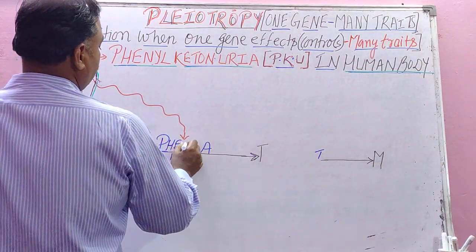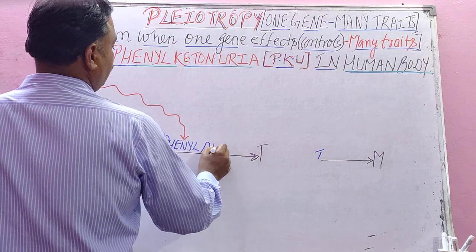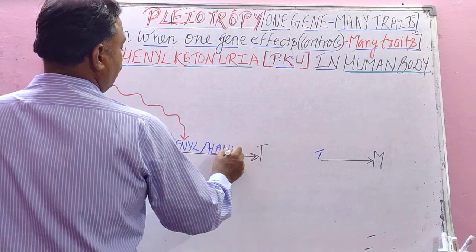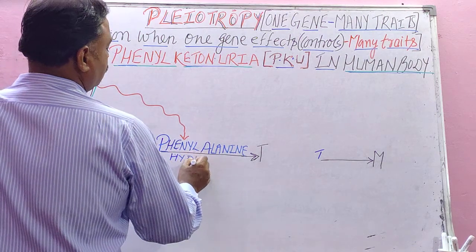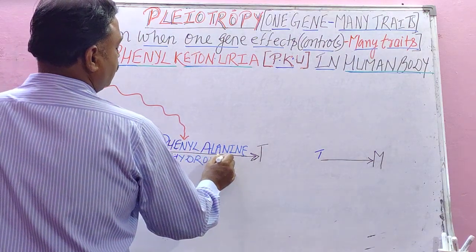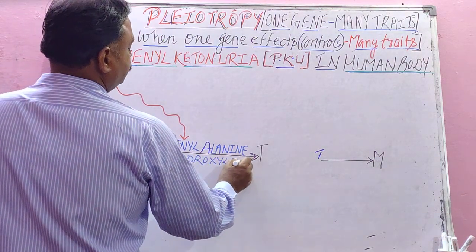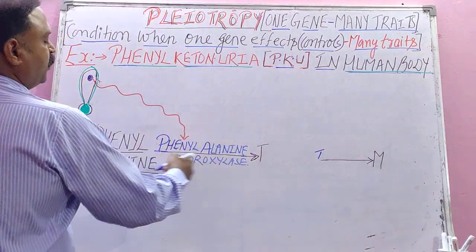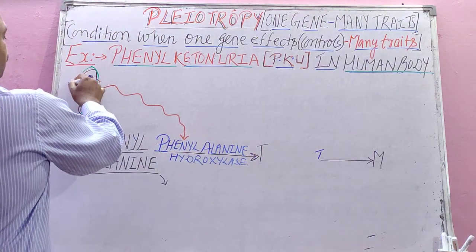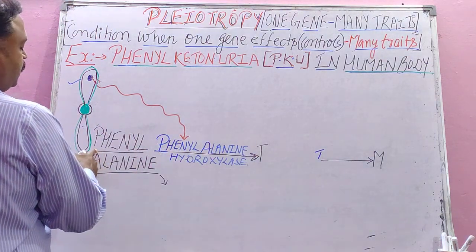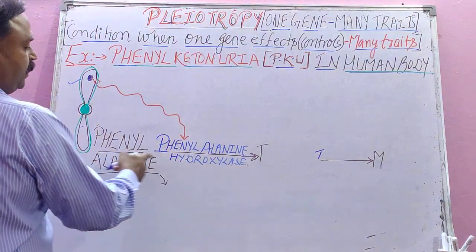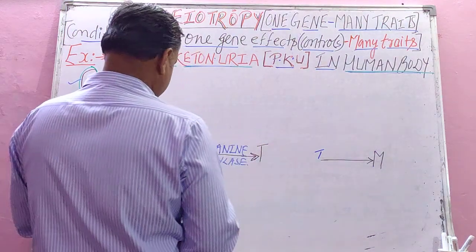phenylalanine hydroxylase. This enzyme, produced by this gene in the chromosome, is responsible for catalyzing phenylalanine into tyrosine.